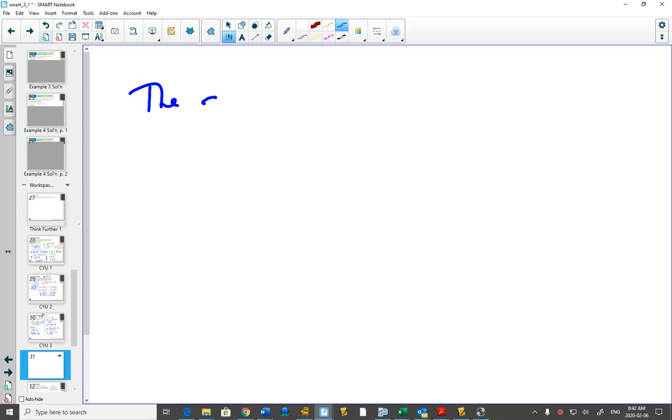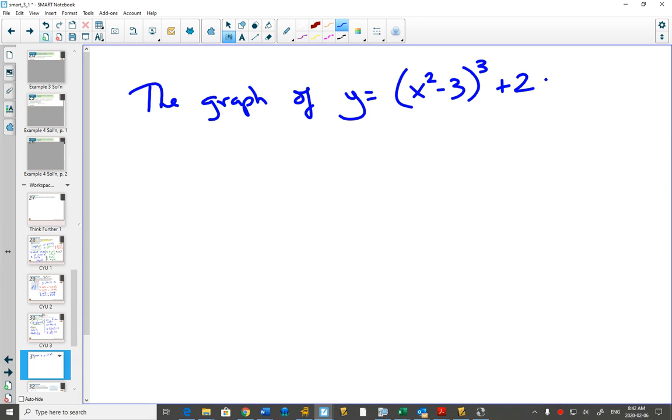The graph of y equals x squared minus 3 cubed plus 2x plus 5. Now, no idea what that graph looks like right now, right? Everybody good with not having an idea what that graph looks like?